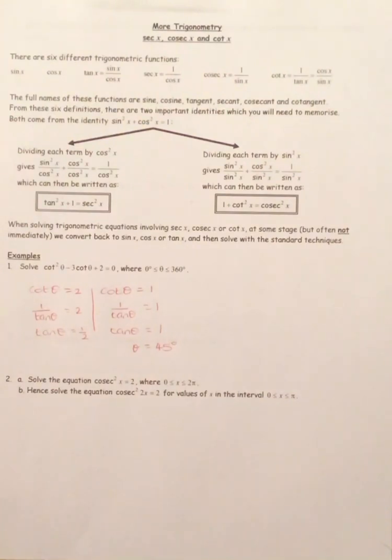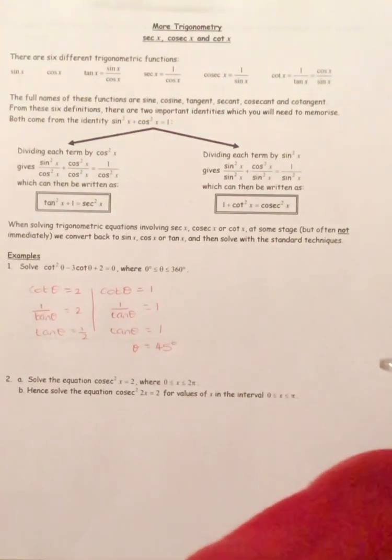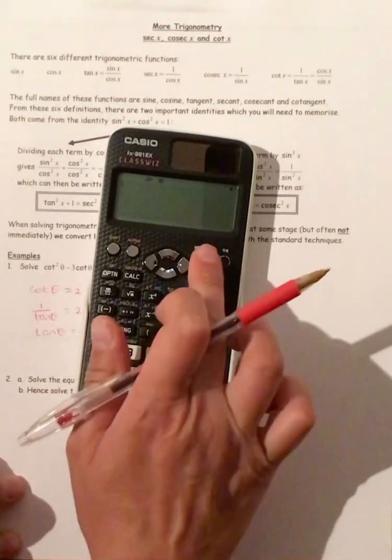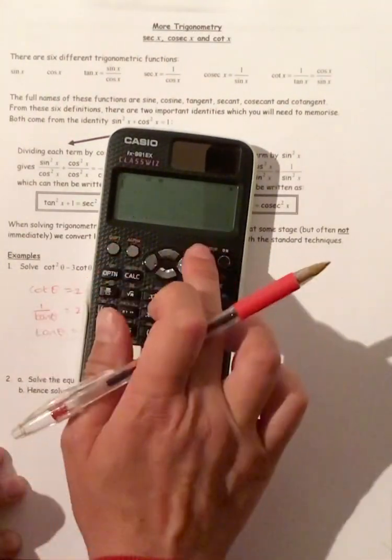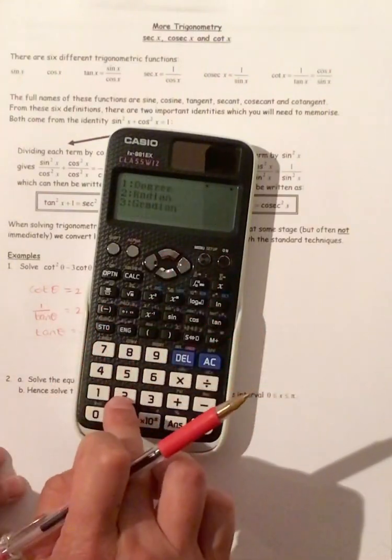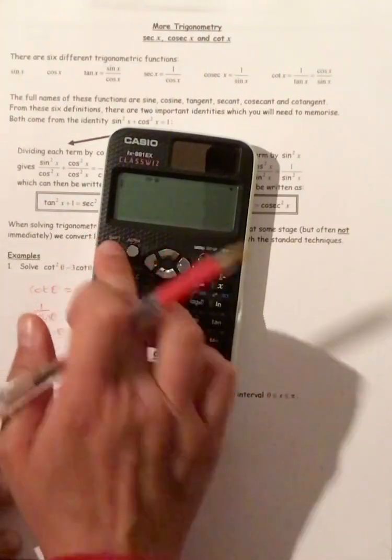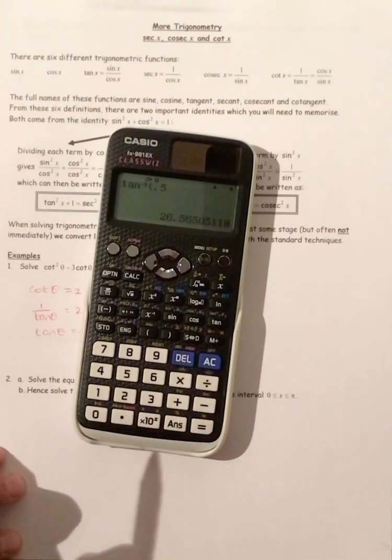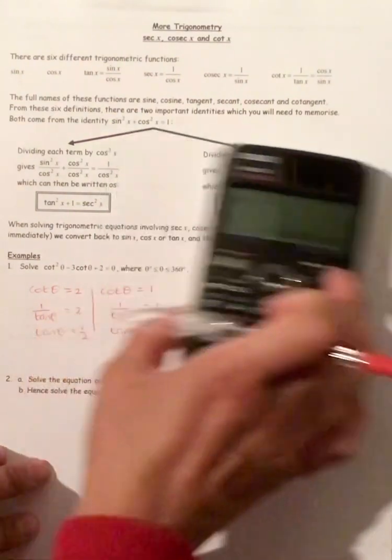And tan theta equals a half is not a common value, so I'm going to use my calculator, making sure I put it back into degrees because I've been working in radians. So I want tan inverse of a half, and that gives me 26.6 degrees.